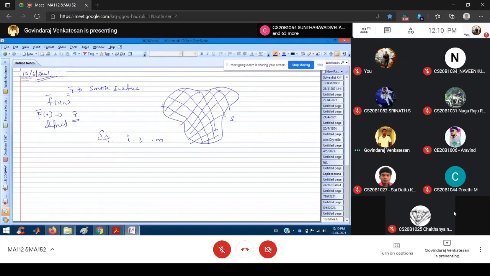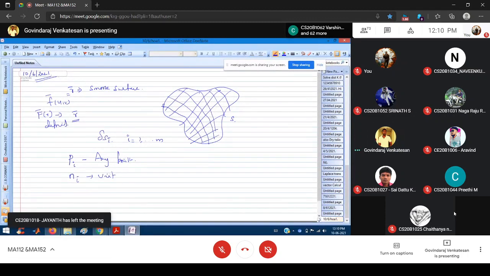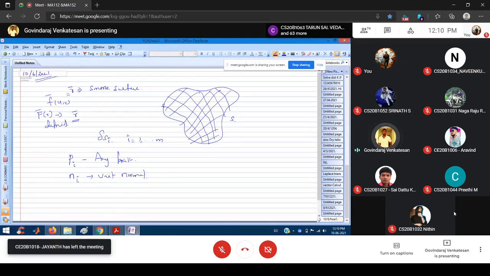Okay. So for each delta Si I am choosing a point Pi, any point on the delta Si. Okay. So at each point we have the unit normal Ni.